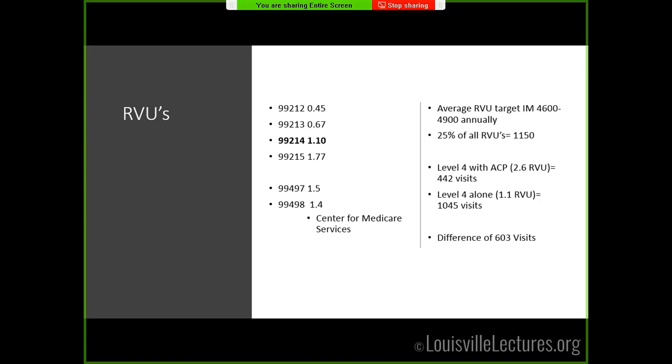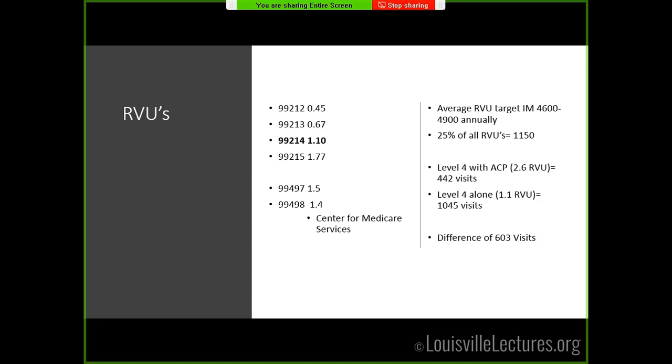So this is a little thought problem on the other side of the slide. Just looking up some numbers, on the moderate end of the spectrum, an average internal medicine physician is asked to generate between 4,600 and 4,900 RVUs annually. If we imagine that 25% of those RVUs might represent an average level 4 visit, at 1.1 RVUs, it would take approximately 1,045 visits to complete that many RVUs.